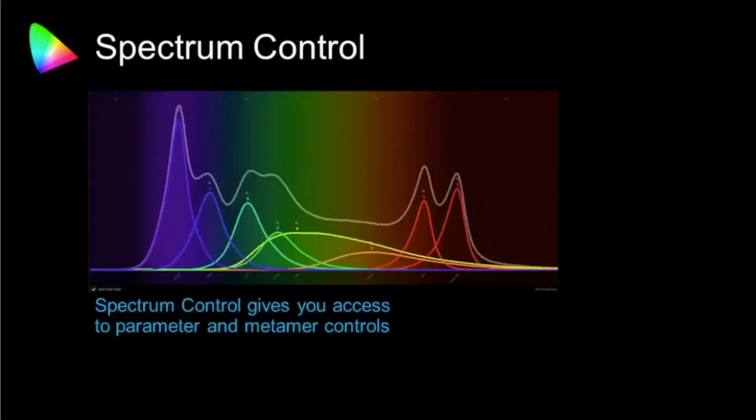So the next tool set that we want to talk about is the spectrum controller, which is one of my favorite because it sort of displays light how I think about it, which is in the visible spectrum and sort of power distribution or power potency for each emitter. So in the spectral control, you actually get access to parameter direct controls.